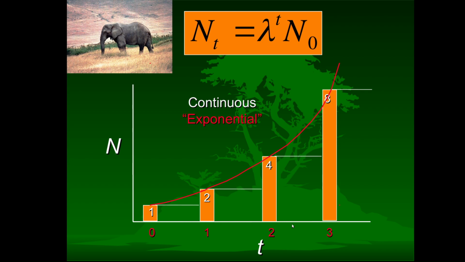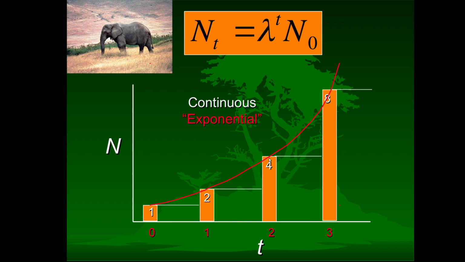It doesn't have to be at exactly the same time as the generation time passes. We can plug t into this equation and get the value on this curve for any value of t. So continuous population growth is no longer discrete, so it's no longer called geometric. It's now called exponential population growth if resources are infinite, and the only thing determining the growth rate is the number of individuals.